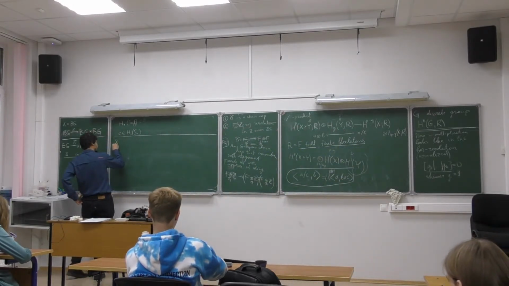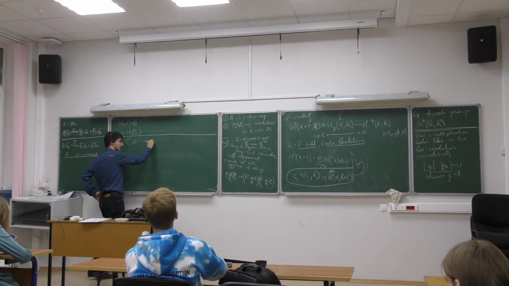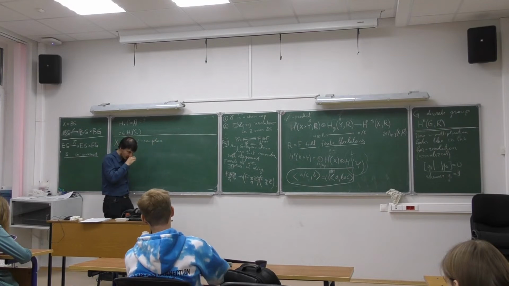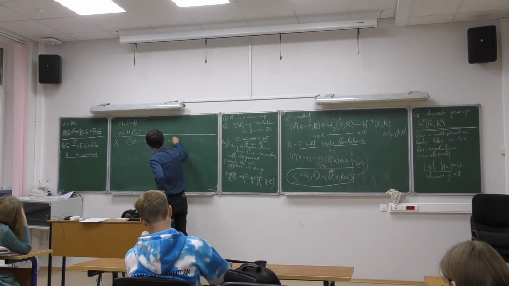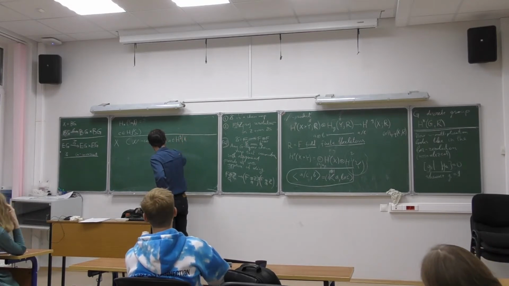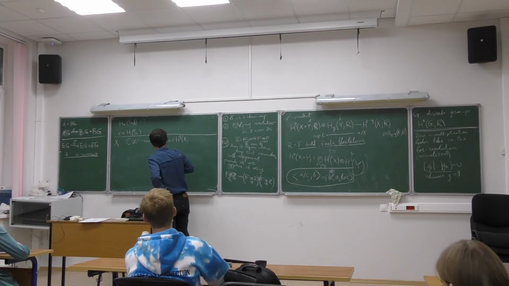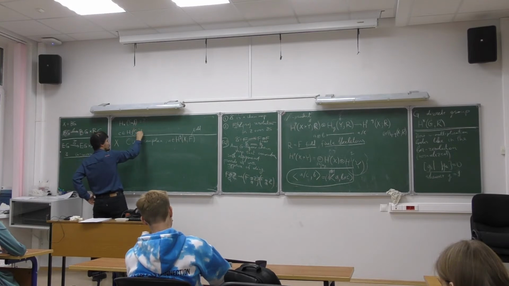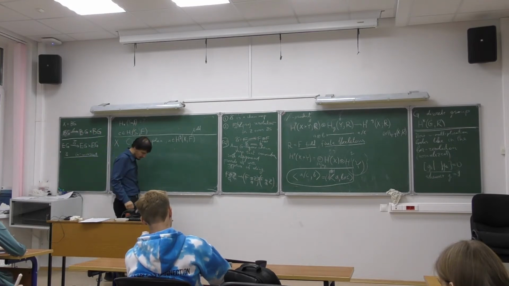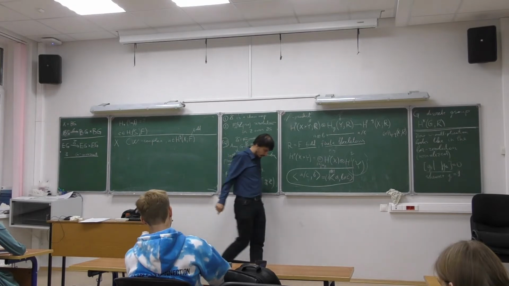Suppose that we have an arbitrary CW complex X, and we have a cohomology class of it, with coefficients in some field F. I assume that C is also with coefficients in the same field.